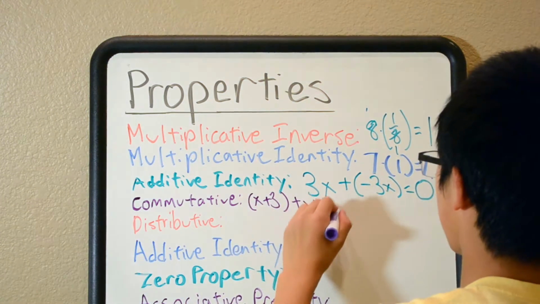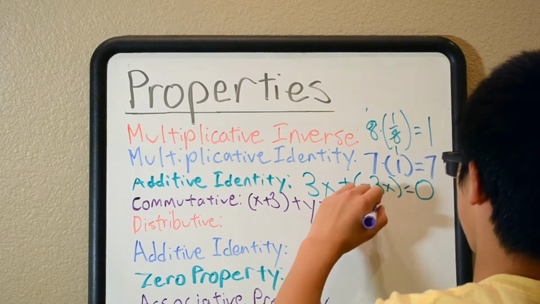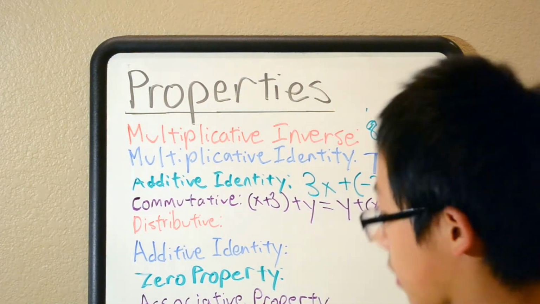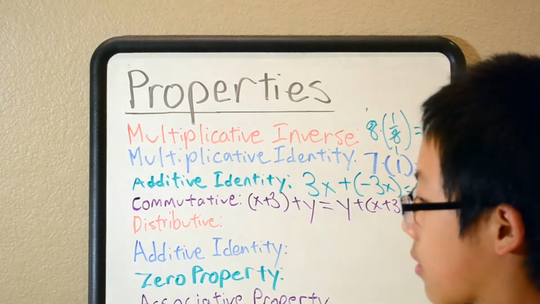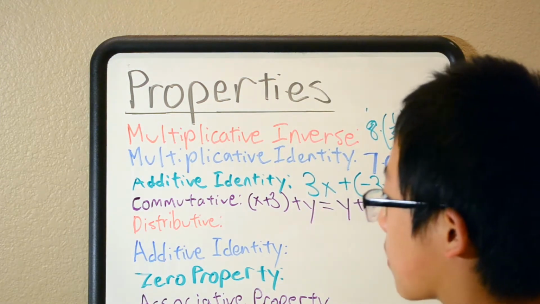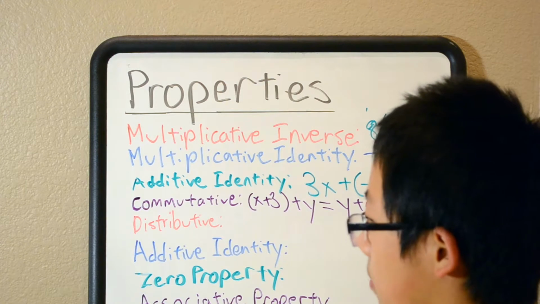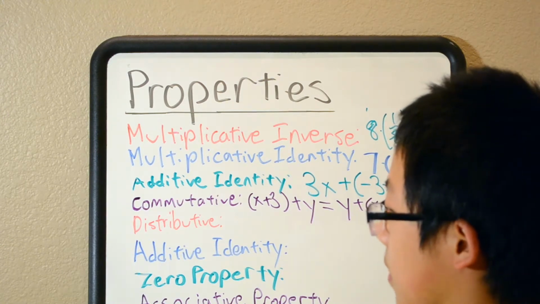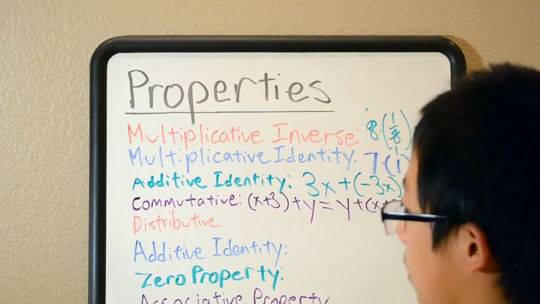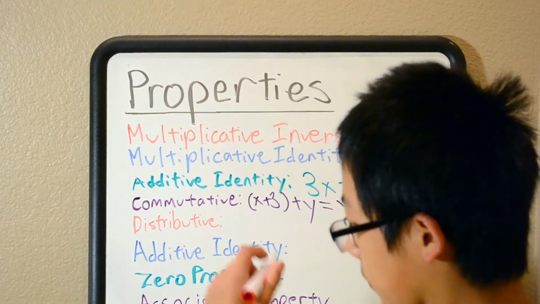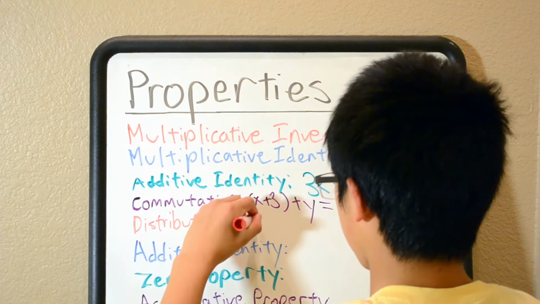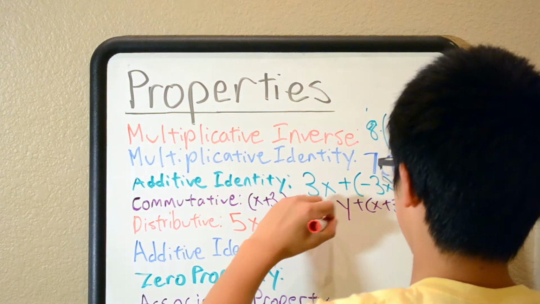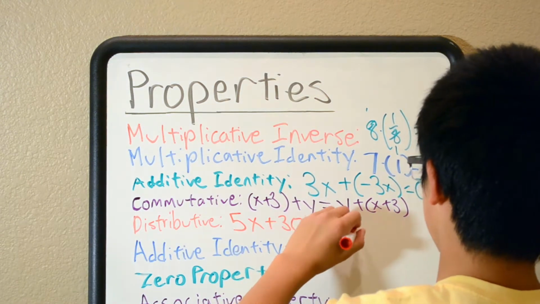It's equal to y plus x plus 3. Okay, and now the distributive property means you get the same answer when one number is multiplied to a group of numbers, or numbers are multiplied separately and then added together. So, for example, 5x plus 30 is equal to 5 times the parentheses x plus 6.